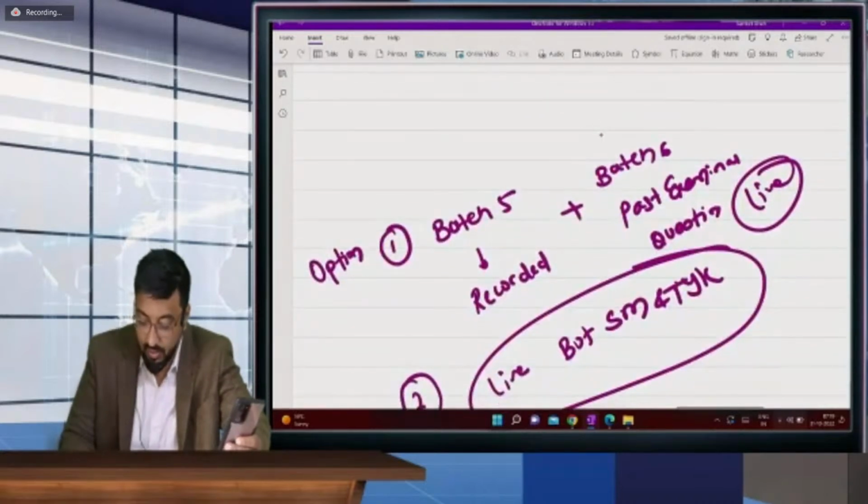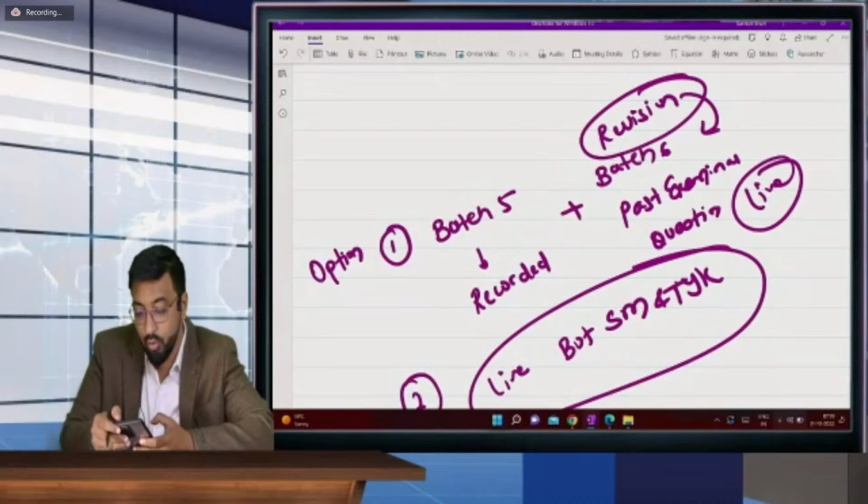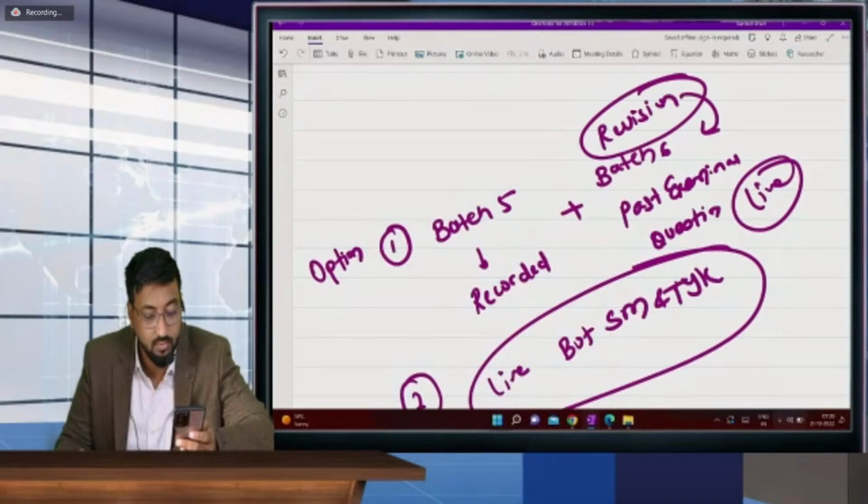Okay, and here revision live, beta, revision live. You have two options. So accordingly, I will plan. Only Jyoti is saying option two, other students are saying option one.